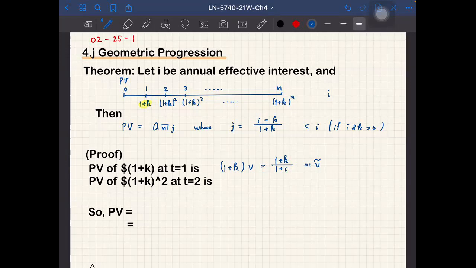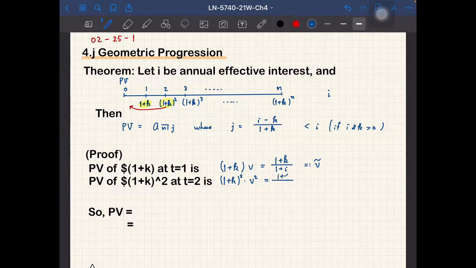Then what is the present value of the second payment? The second payment amount is the square of 1 plus k. So the present value of this amount is the square of 1 plus k times v squared, because we go back 2 years, so we have to discount by v squared. And v is 1 over 1 plus i.